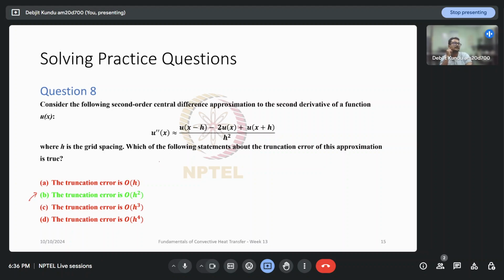So let's take a look at this. u(x plus h) can be expanded into a Taylor series form like this.